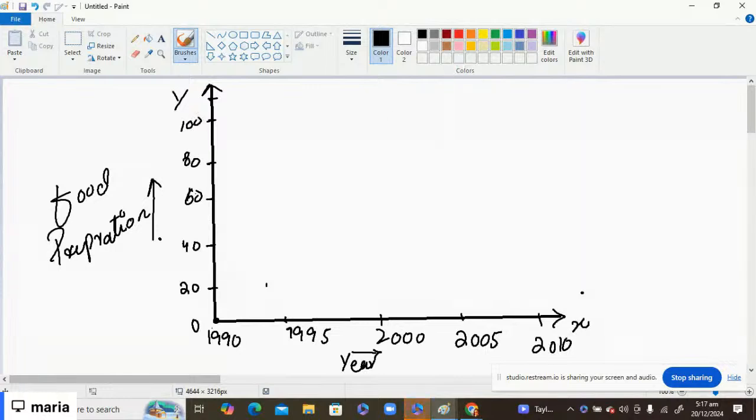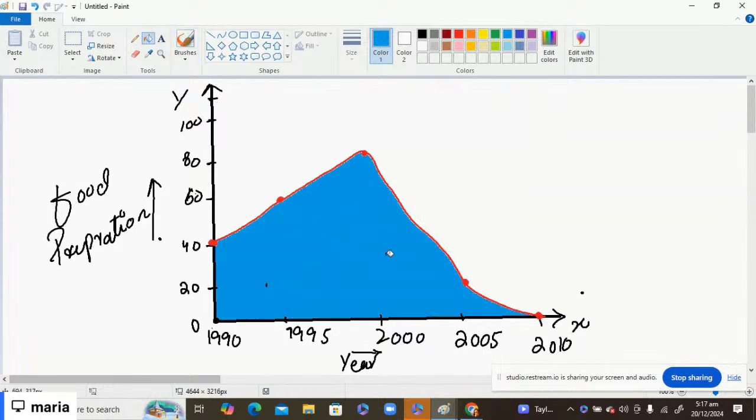And your graph line is given: from 1990 it's on 40, 1995 it's 60, 2000 it's on 80, 2005 it's on 20, and 2010 it's on 0. Okay, this is the line of the graph which is given. Now we can see that.